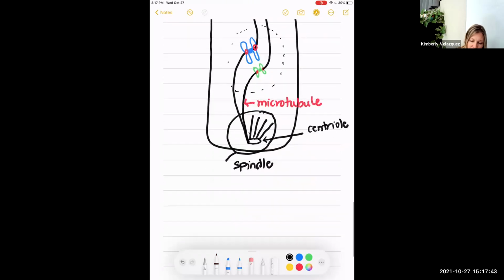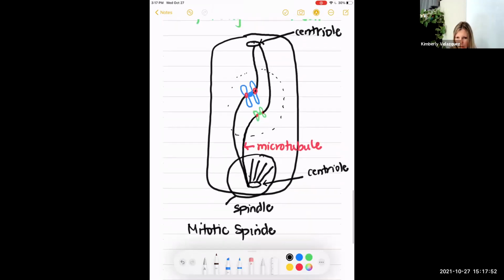So during mitosis, you'll sometimes see this called the mitotic spindle. It's all the microtubules together, and they look like a spindle on a weaving loom. You know, these are some old terms that came from back when people did things like weave their own cloth. Cloth is still woven, I guess, in some areas with a spindle, but that's where that came from. A lot of terms there.